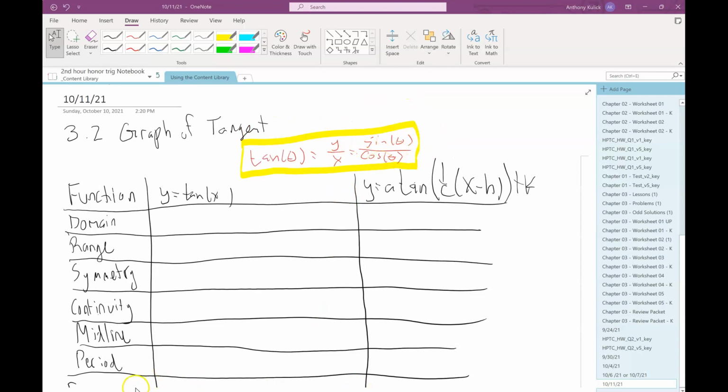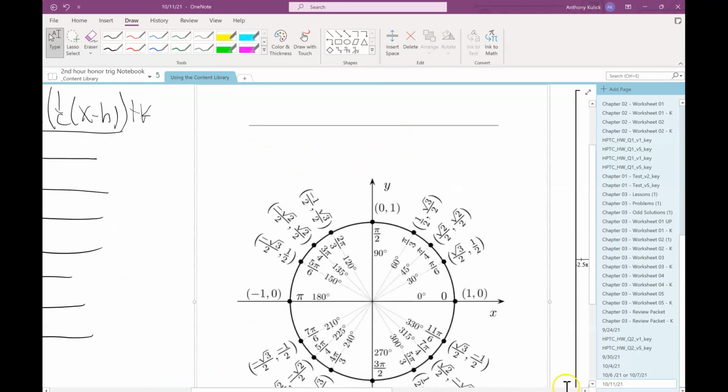If we think back to the unit circle, so again, tangent was sine over cosine. If we go to the unit circle and look at this then, so for example at 0 radians, my value for sine is 0, and my value for cosine is 1. But if we move to pi over 2, my value for sine is 1, and my value for cosine is 0, which makes tangent undefined.